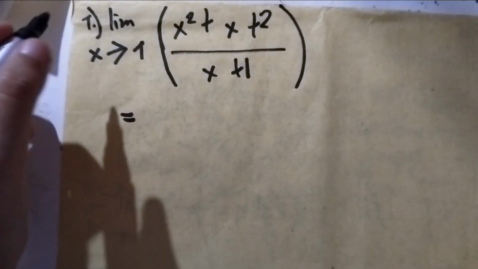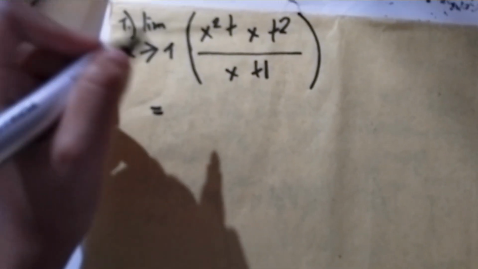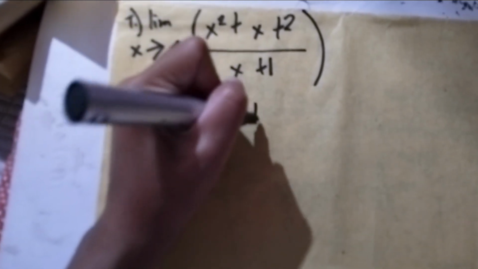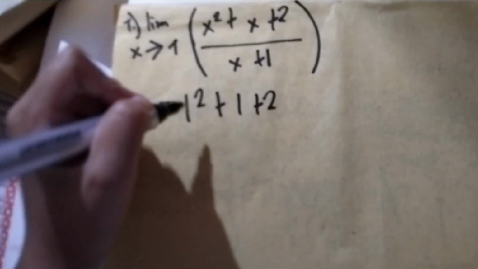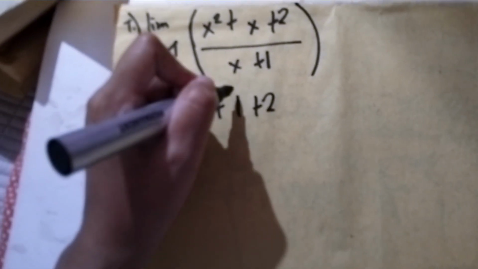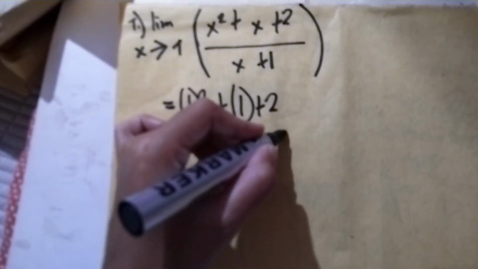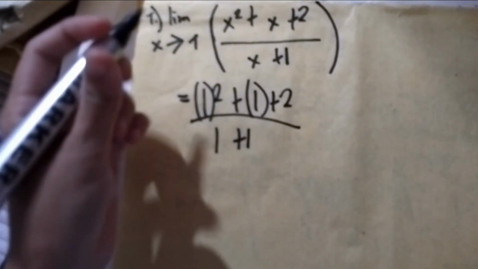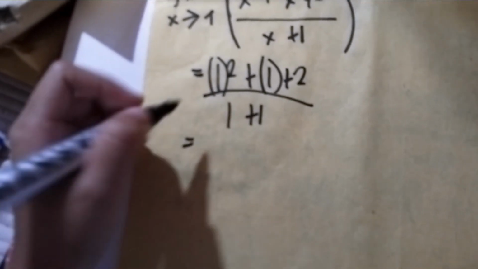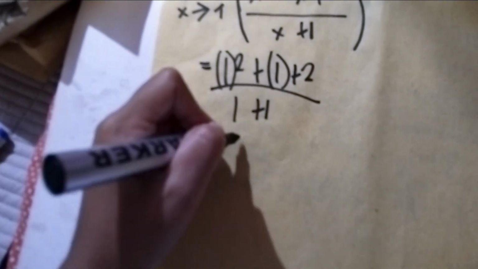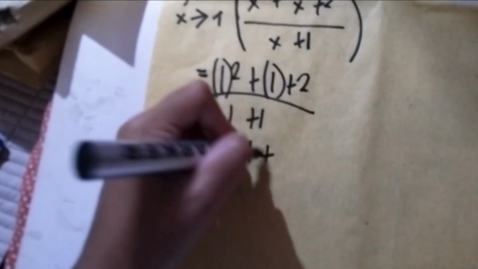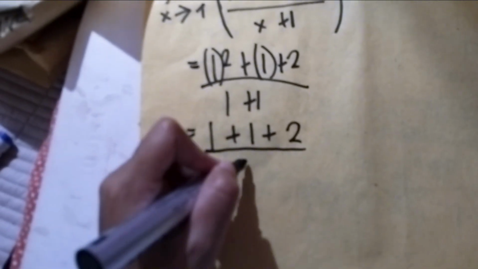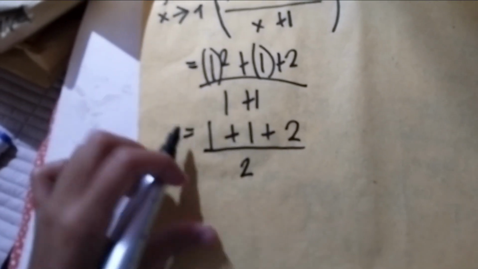So 1 squared plus 1 plus 2, all over 1 plus 1. 1 squared equals 1, so 1 plus 1 plus 2 all over 1 plus 1 equals 2.